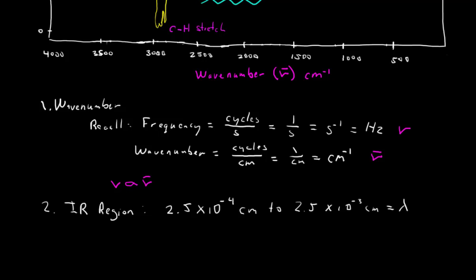So 2.5 times 10 to the minus 4 centimeters corresponds to about a wave number of 4,000, and the other end corresponds to a wave number of about 400. So that's the typical region we see in infrared spectra.